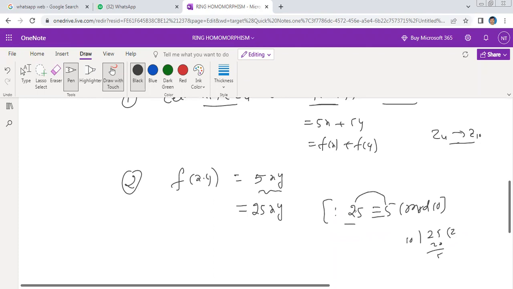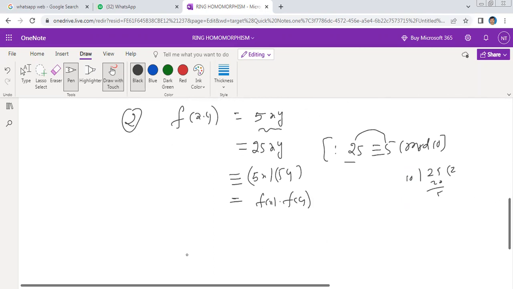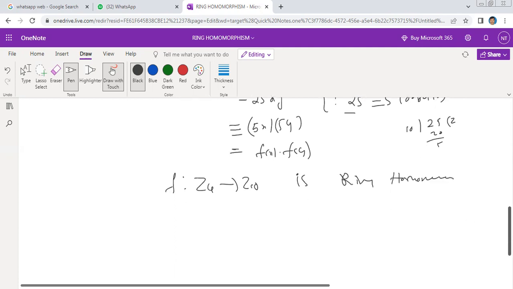So 5 times xy is nothing but 25 times xy, and this is congruent to 5 times x into 5 times y, which is f of x into f of y. This is the important concept. Therefore, f, the mapping from Z4 to Z10, is a ring homomorphism.